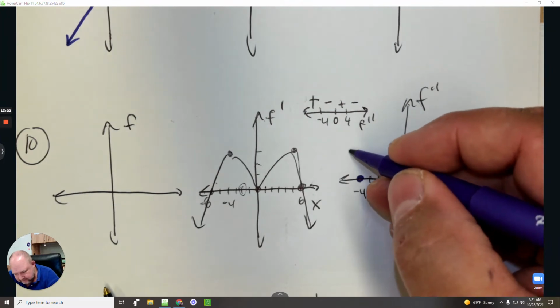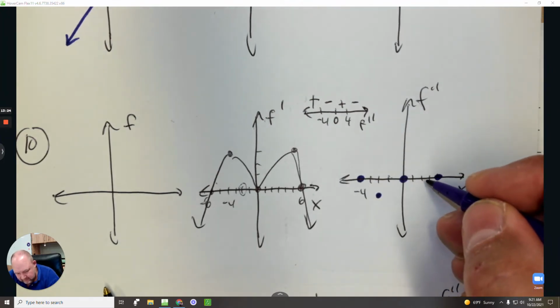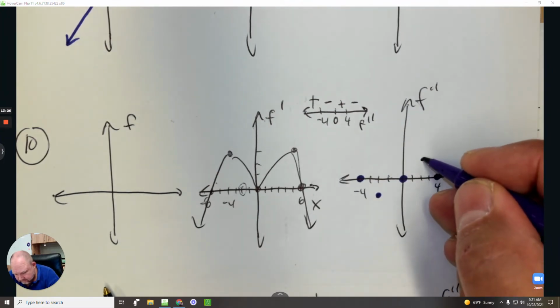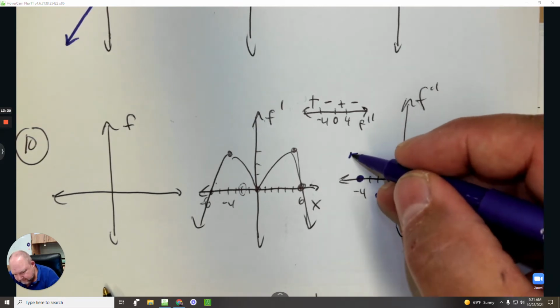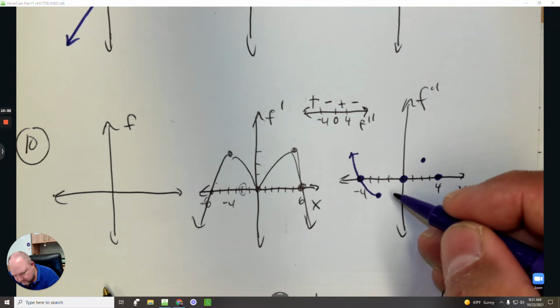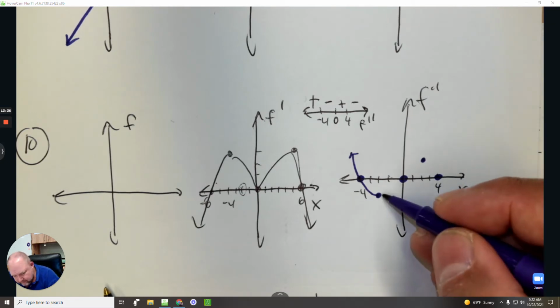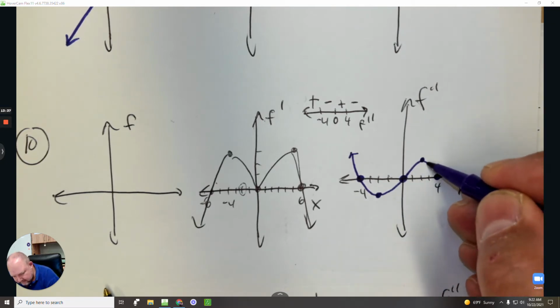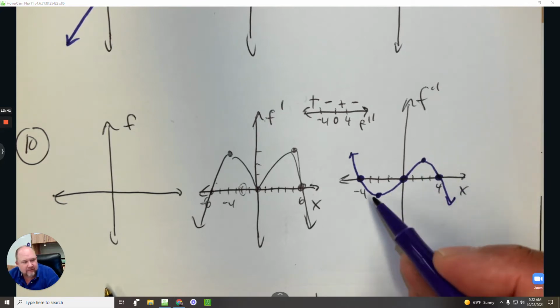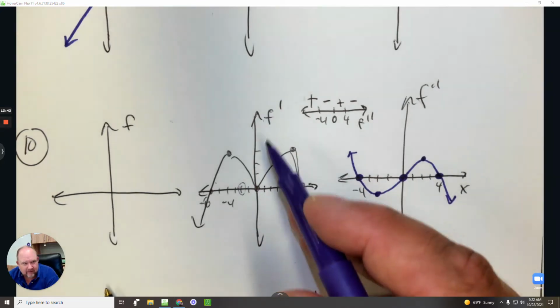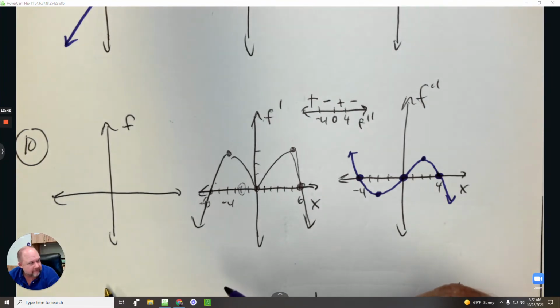So it's above. The concavity also changes around positive 2. So it goes above and then below, and then above and then below. And again, these turning points are the points of inflection of the first derivative. So that's the second derivative.